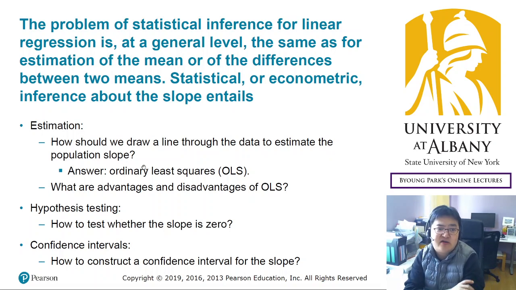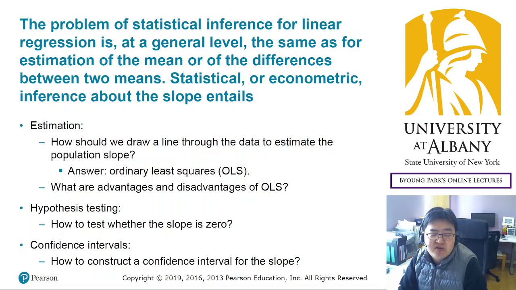Basically, as I said, in the end, it will be very similar to estimating the population mean. And the answer is ordinary least squares. The least squares method is applied, and we'll be talking about that pretty soon. And we need to study what are the advantages and disadvantages of this method.